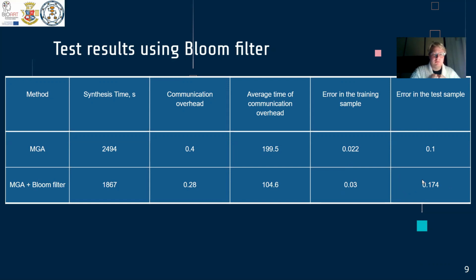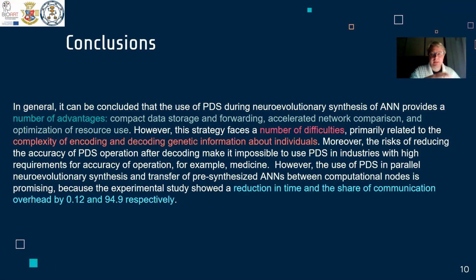We have a not so bad result for the time, and the communication overheads really become smaller, and this is very important. And in this case, the accuracy is not so bad.